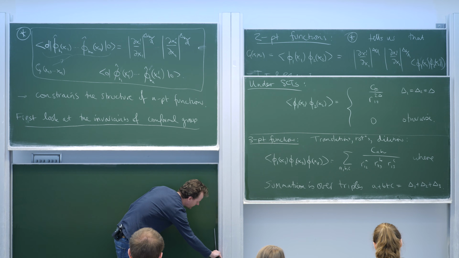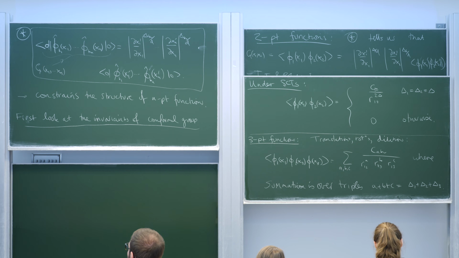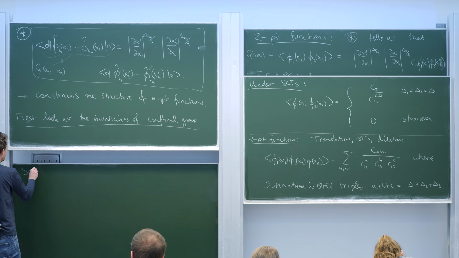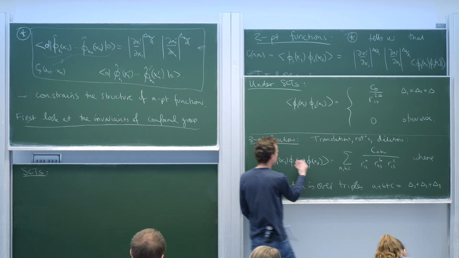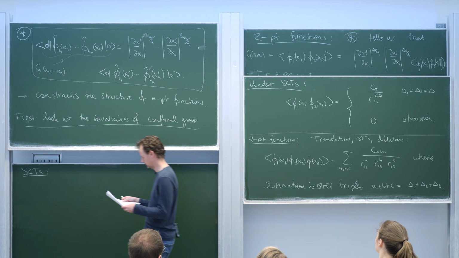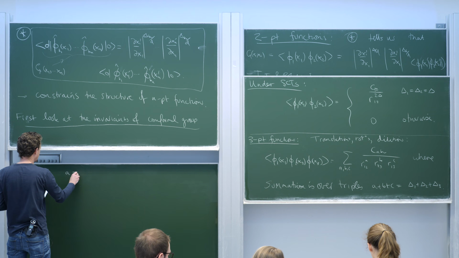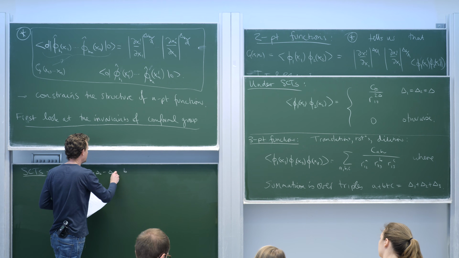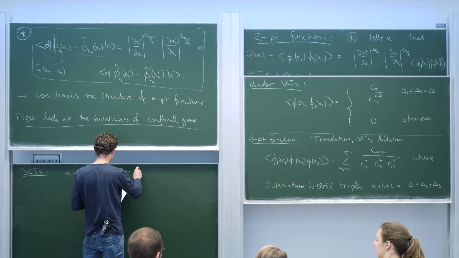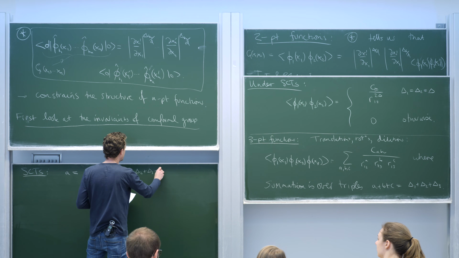See what we get. Well, it's an exercise, but I'll give you the summary. It's not that difficult to convince yourself that under special conformal transformations, the only functional dependence that these triples can have is the following. a must equal delta 1 plus delta 2 minus delta 3. b must equal delta 2 plus delta 3 minus delta 1.